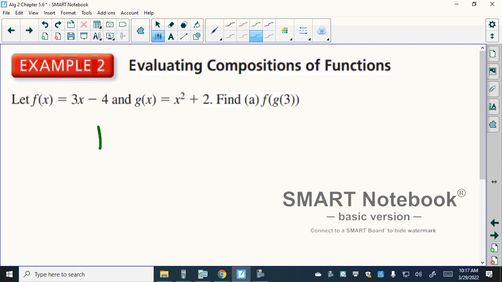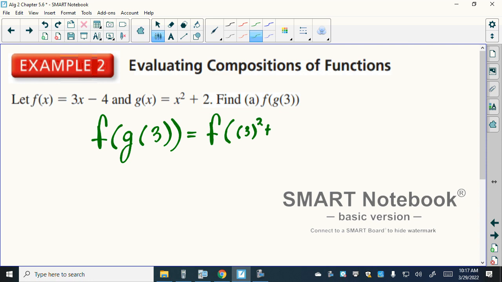So for this one here, we're looking at f of g of 3, yes? Well, our g of x function is x squared plus 2, and what are we wanting to plug into it? So f of 3 squared plus 2.